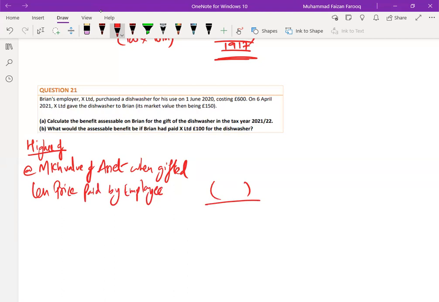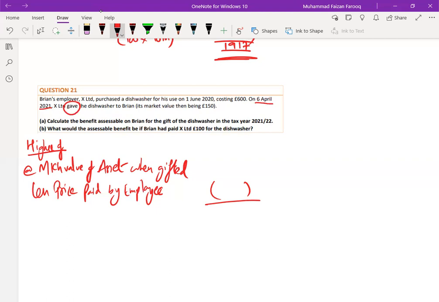The dishwasher was for use on 1st June 2020, costing 600, meaning the employer bought it for the use of the employee on 1st June 2020, before the tax year. Now you can see in the tax year 21-22, the first day of our tax year, gave. As I told you earlier, gave means gift.